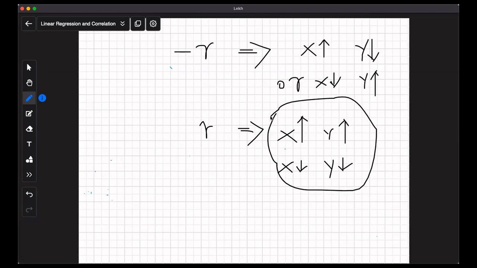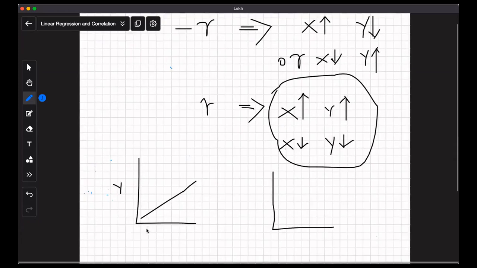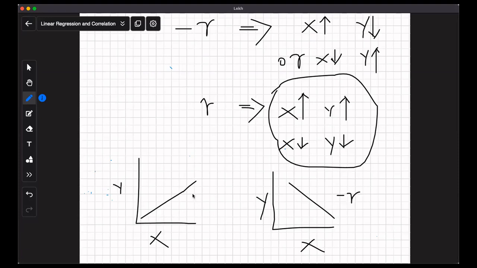They will have a line that looks something like this for a positive correlation coefficient. For a negative correlation coefficient, the plot between the two variables, y here and x, looks different. So this is negative r, the negative correlation coefficient, and this is the positive correlation coefficient.